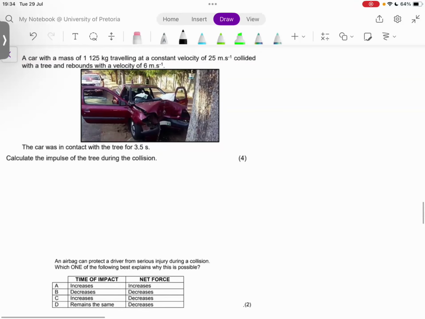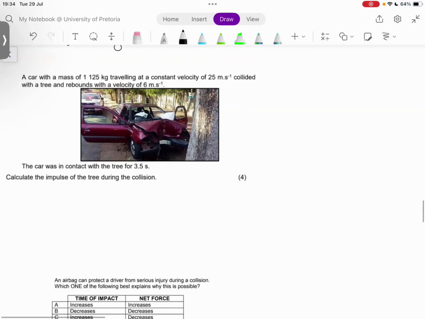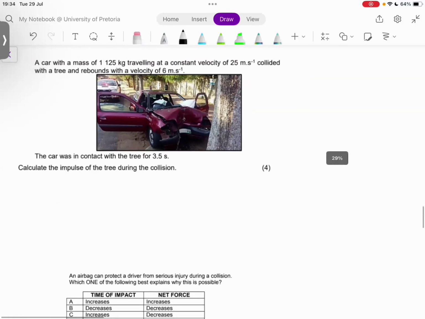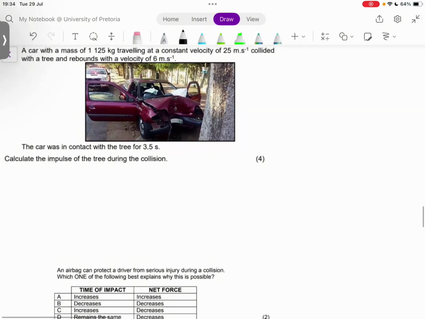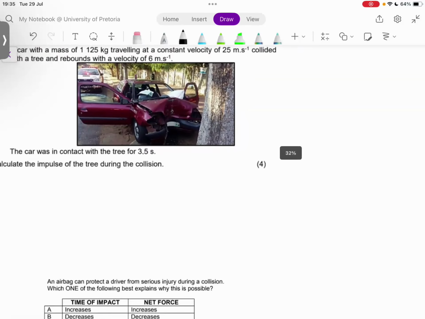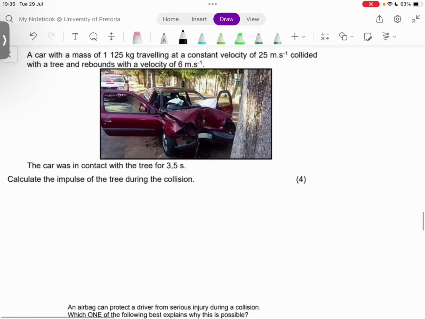A car of mass 1,125 kilograms, traveling at a constant velocity of 25 meters per second, collided with a tree and rebounds with a velocity of 6 meters per second. The car was in contact with the tree for 3 seconds. Let's calculate the impulse of the tree during the collision.